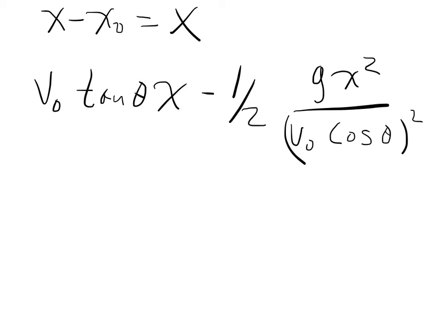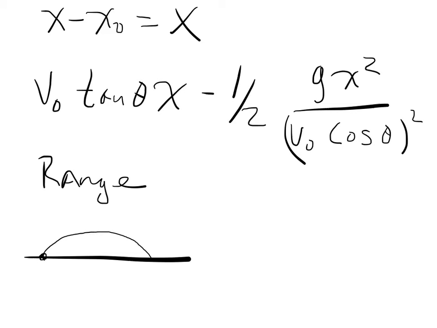Now, if I want to make this an equation that represents the range of a projectile fired, what that means is I've launched this thing from one point at one height, and I want to know where it's going to end up here, right?